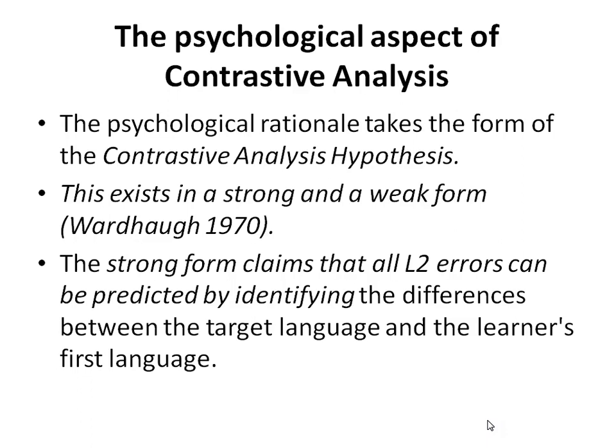The strong form claims that all L2 errors can be predicted by identifying the difference between the target language and the learner's first language. As I have said, if there is a similarity between the first language and the target language, the errors will be fewer. And if the target language is quite different from the first language, the mistakes or errors will be more. So that is the psychological aspect of this contrastive analysis.